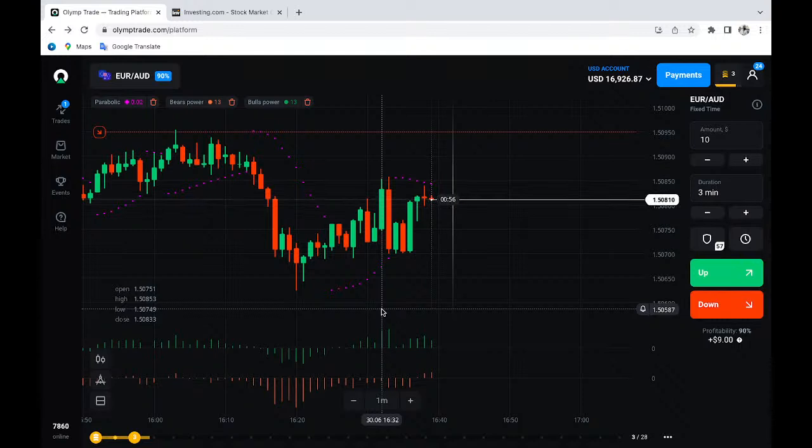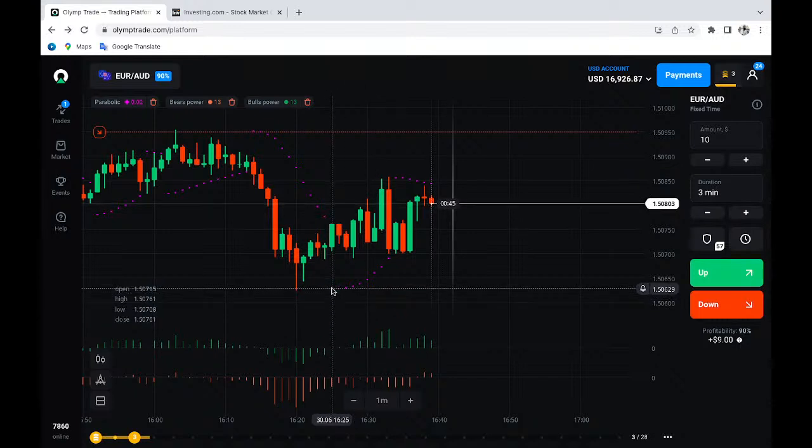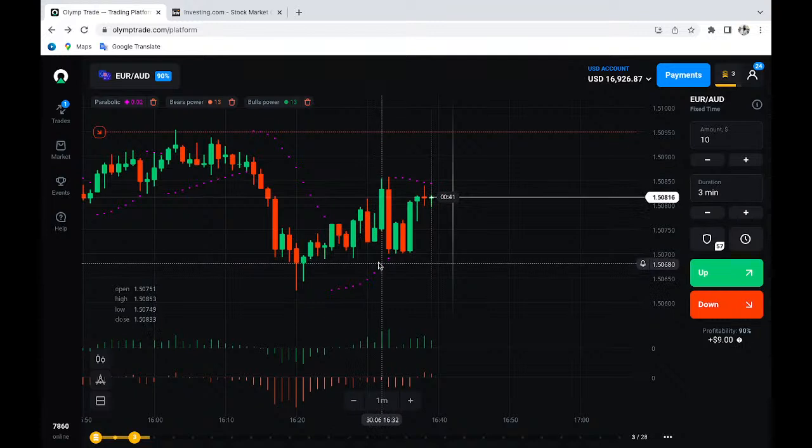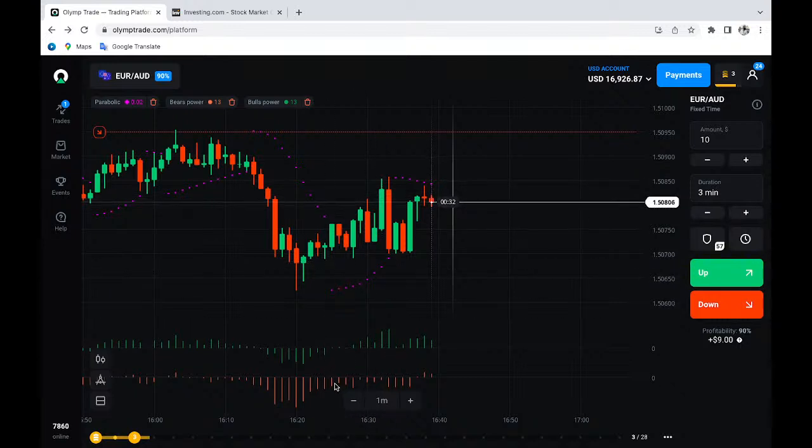Second, how to trade using this strategy for the upside. Same, just a little opposite. We trade upside when the parabolic is moving upside. Like here, as you can see, these dots are moving upside, so the parabolic is giving us an up signal. But that's not enough. We need two more confirmations from bear and bull power as well.